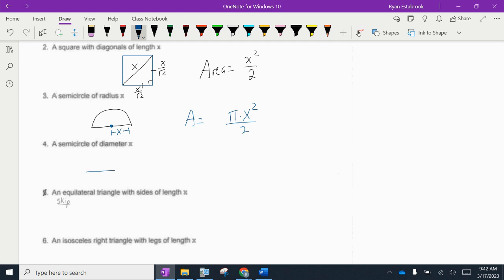The next one is a semicircle also. And this time the diameter is x. I'm going to slow down a little bit on this one. What would the area for this semicircle be then?